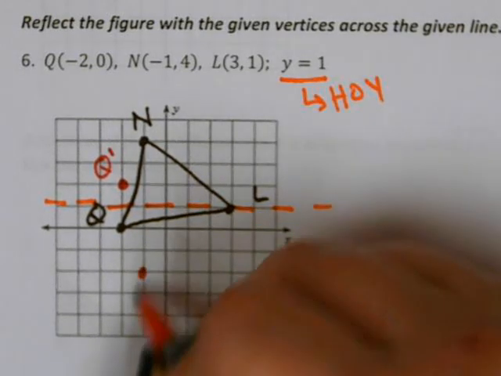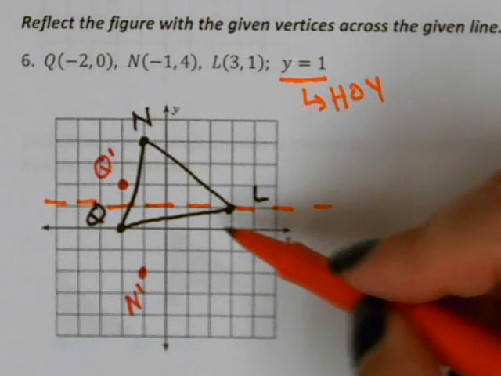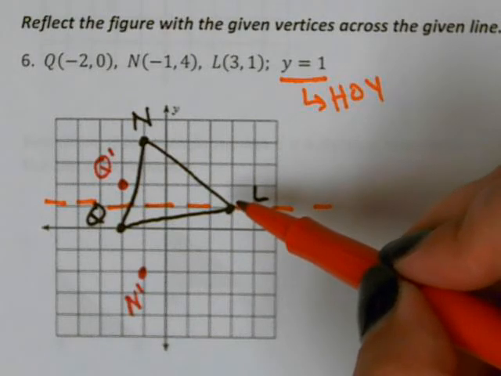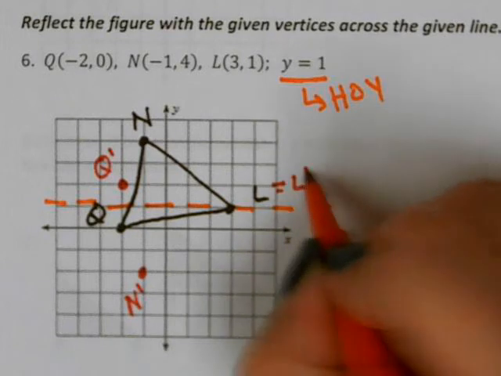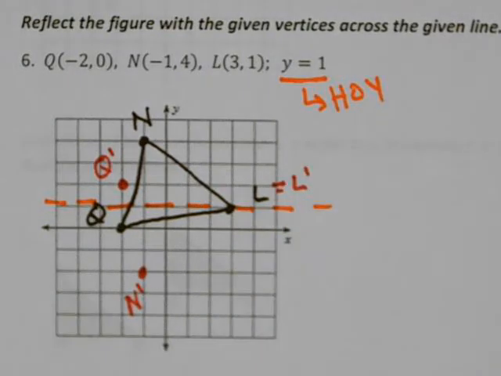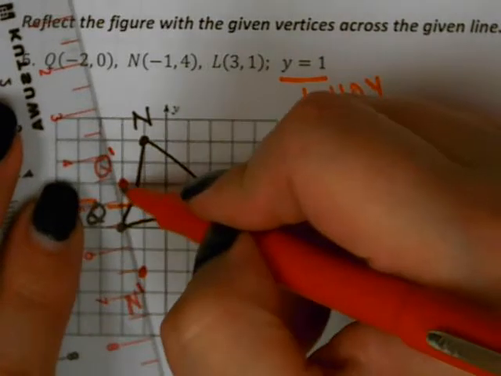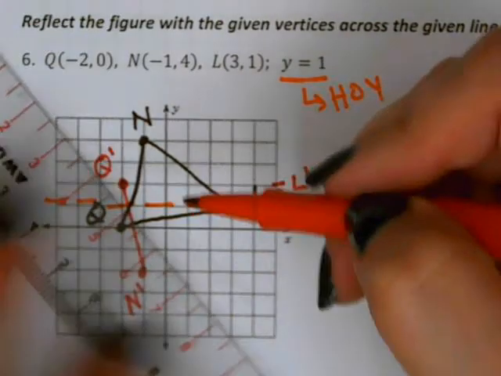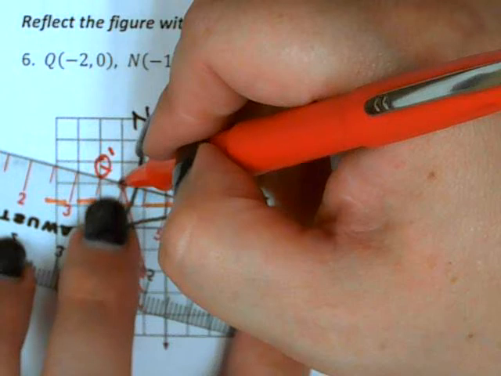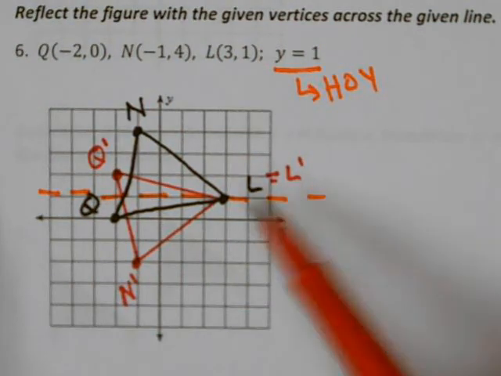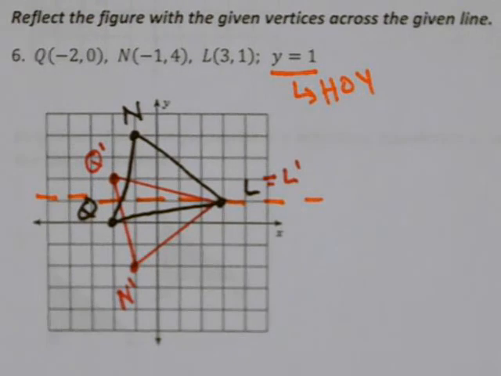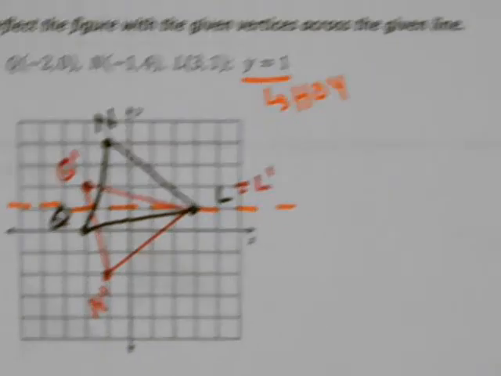Here's my N prime. And then point L is actually on the line of reflection, which means L and L prime are actually the same point. All right, and then we can go ahead and connect our new dots. You do need to make sure that you put L equals L prime if that point is not moving. All right, so please make sure that you do that.